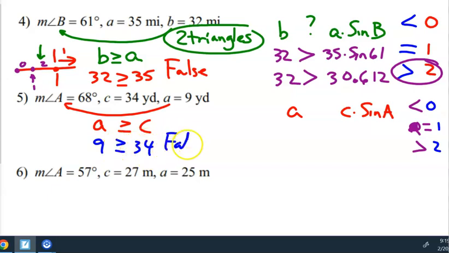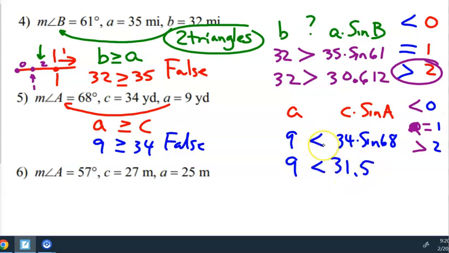That's false. And then we're comparing 9 and 34 times the sine of 68 degrees. So we have 31.5, so it's less than. So that means we have 0 triangles.